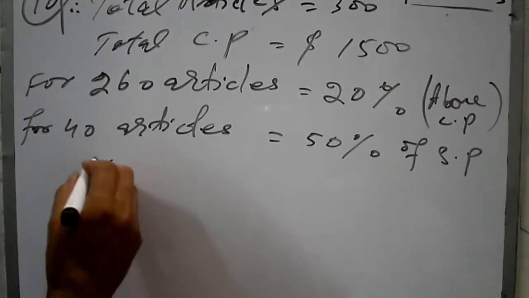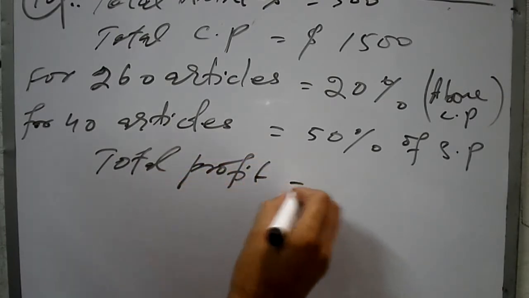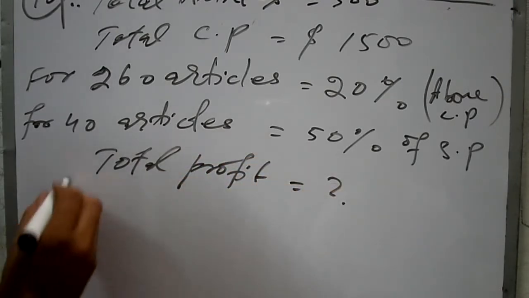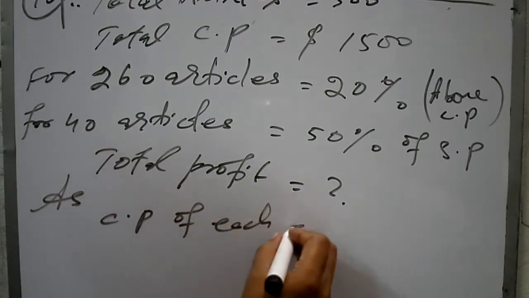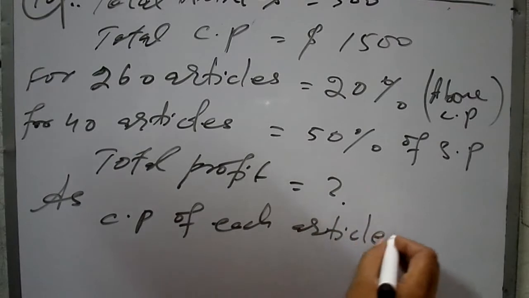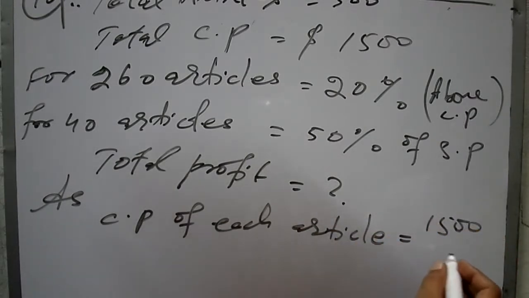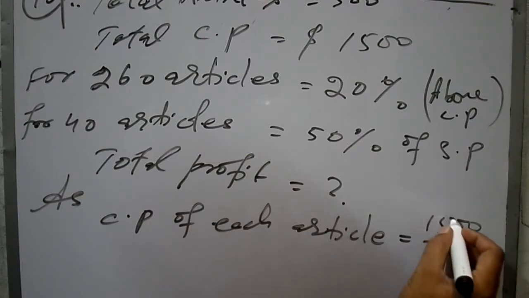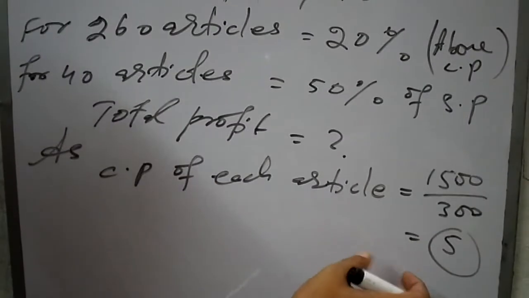So total profit we have to find, as cost price of each article is equal to 1,500 divided by 300. So that is equal to 5. So cost price of each article is 5.